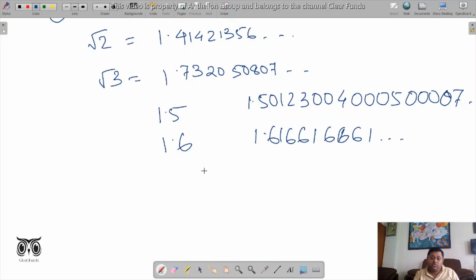And there was (q2 minus q1) by (n plus 1), with which we make something called d, and that difference we keep adding: q1 plus d, q1 plus 2d, q1 plus 3d. So that was for putting a few rational numbers in between two rational numbers. But when it is irrational numbers, you do it arbitrarily. Okay.